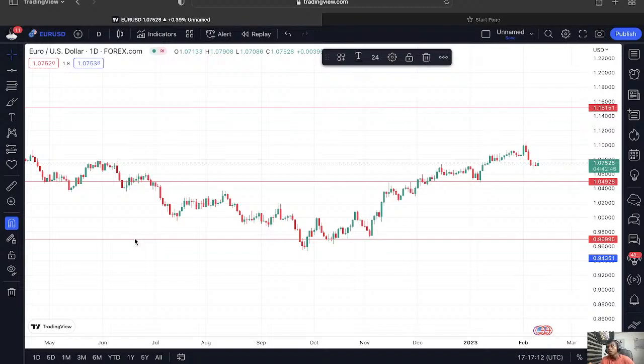Because we are applying a multiple time frame strategy. This strategy helps you to compare and contrast price movements across various time frames.